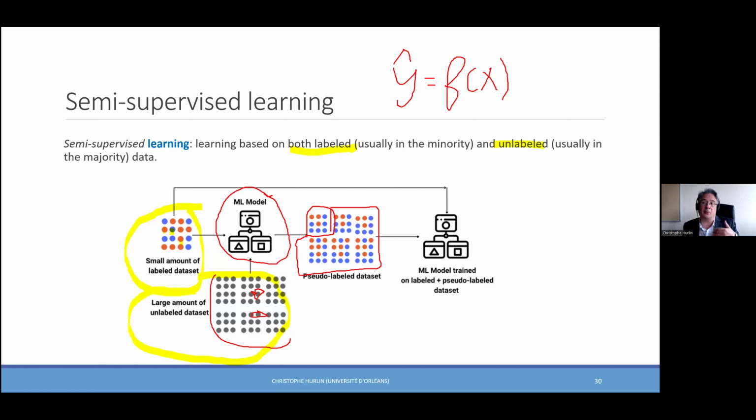I gave you an example of classification, but it is the same for regression. For instance, if there is an unobserved amount, say a salary, then my model is able to assign a pseudo label to all the instances for which I do not observe the value of Y. This is why semi-supervised learning methods are used to give pseudo labels. And this is an iterative approach.